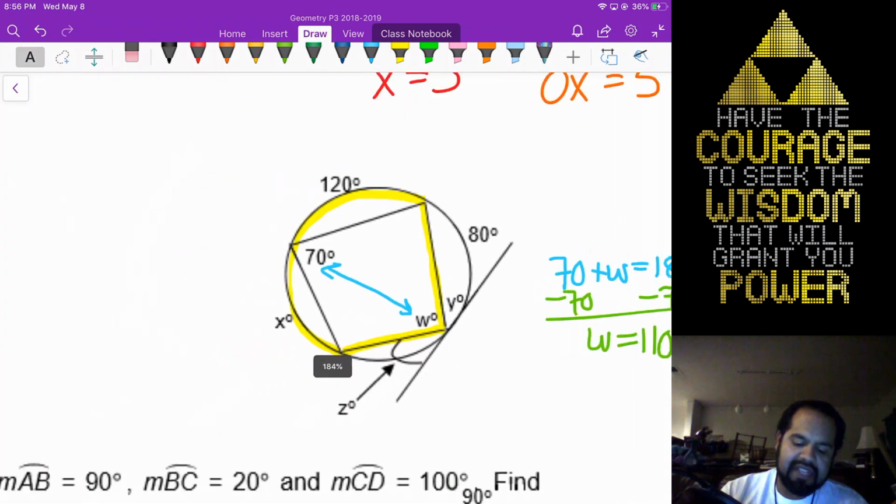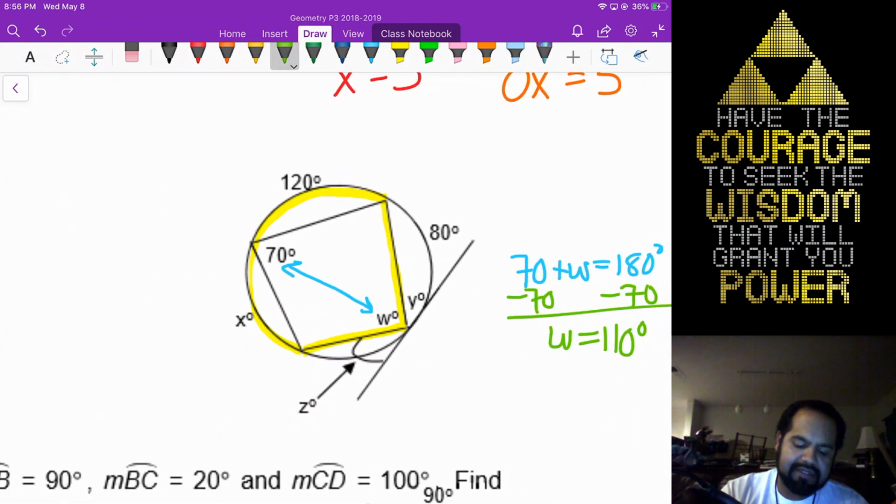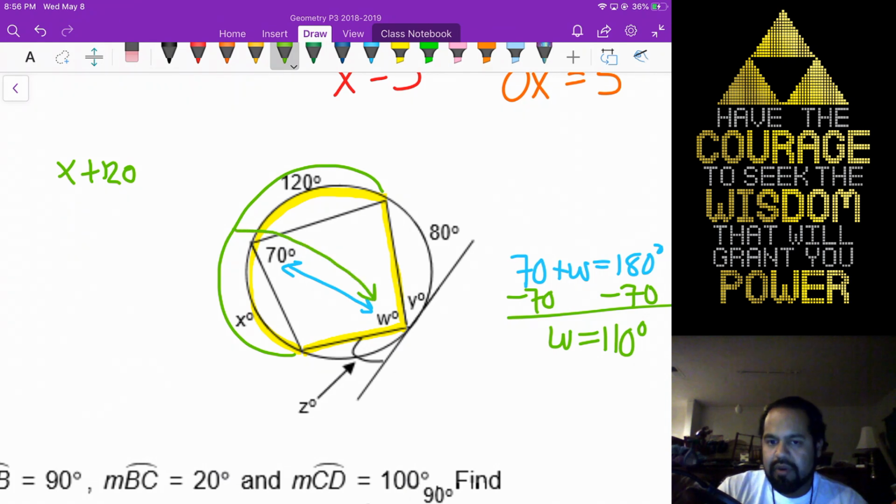Now, what we're saying is that this X plus 120, which represents this entire arc, you're going to take half of that, and that equals this. Or you could say, hey, let's double that inside angle, which is 220, and set it equal to the arc. Both ways work, you get the same answer.